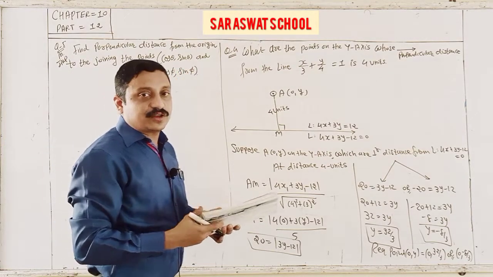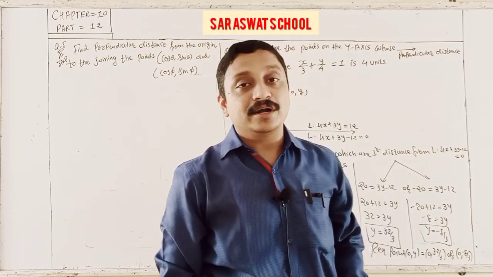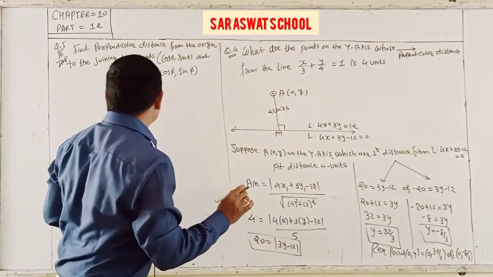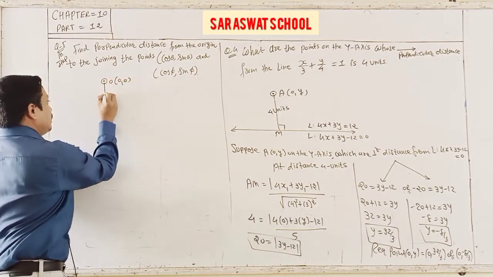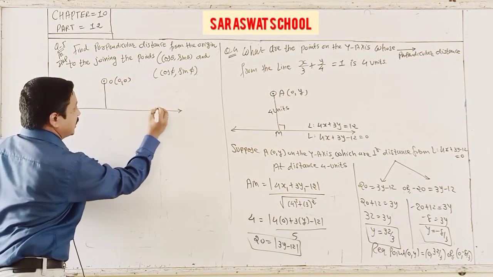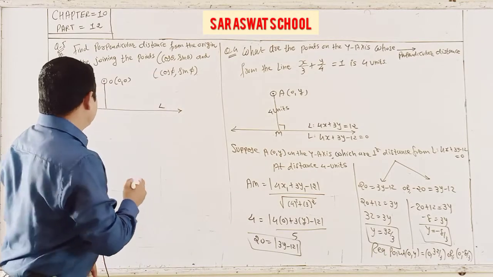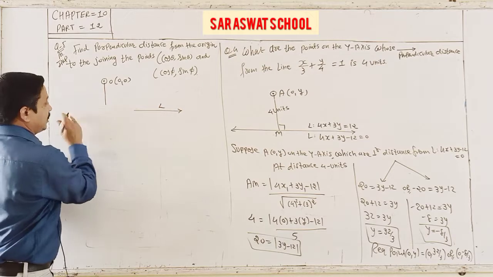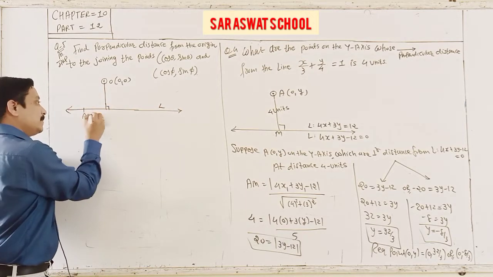Yes students, first of all I derive the line and then I go to our distance. Students, actually a drawing is here, that is our origin (0, 0) and here one of the line L from your points A to B. Perpendicular distance I am asking.